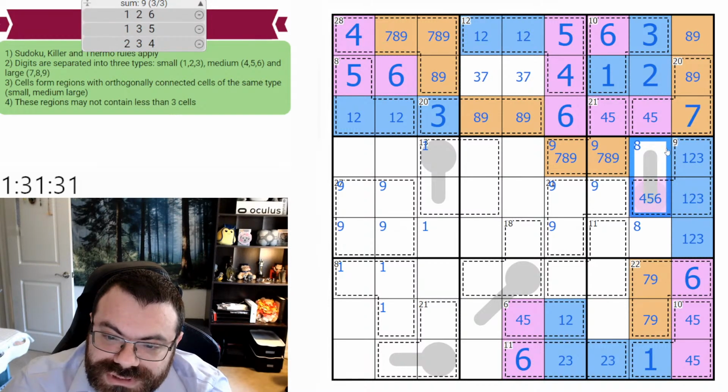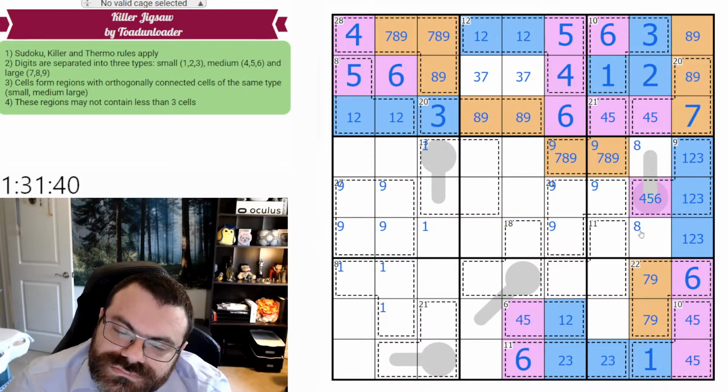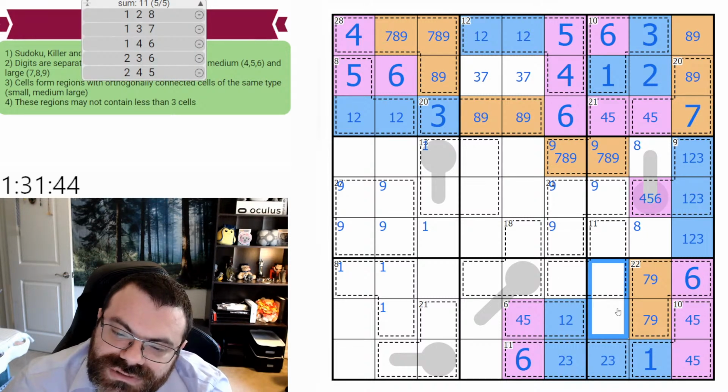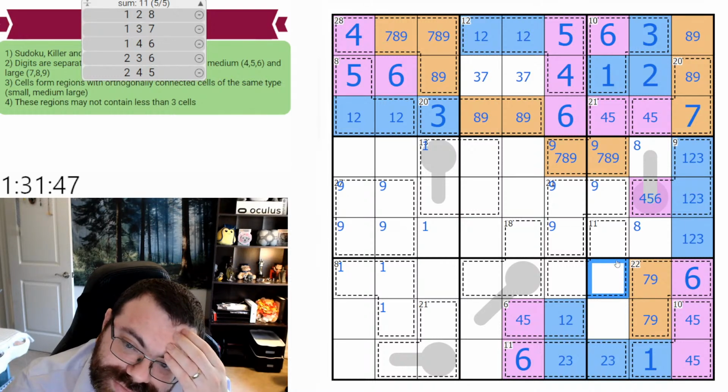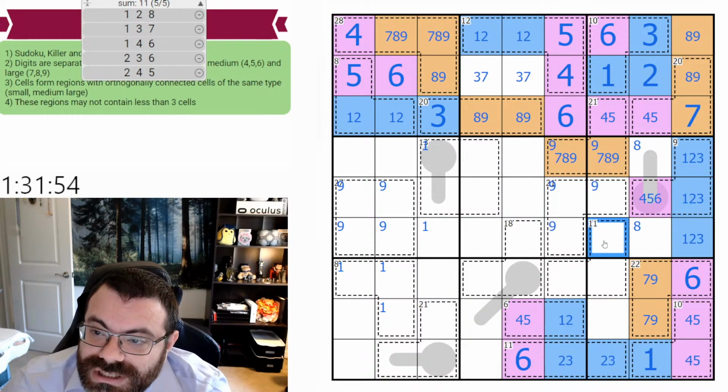I don't know why this thermo exists. I have a low and a high here. This can't... Oh, this could be 8. Could this be 8, 1, 2? No, this can't be 1 or 2. This is at least 4, which means this can't be 8 or 7.